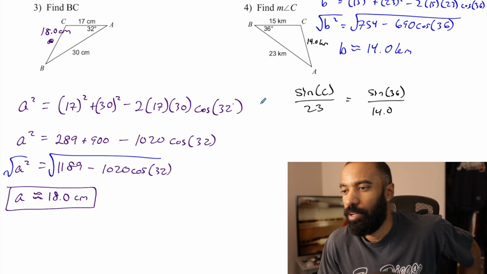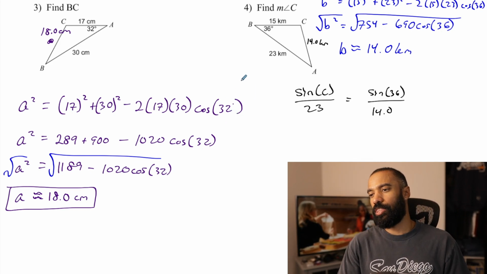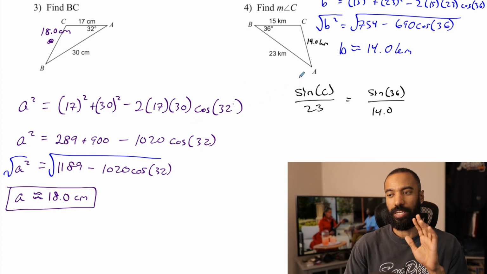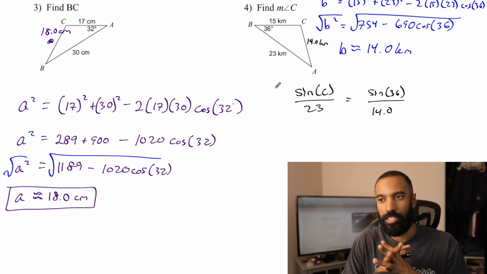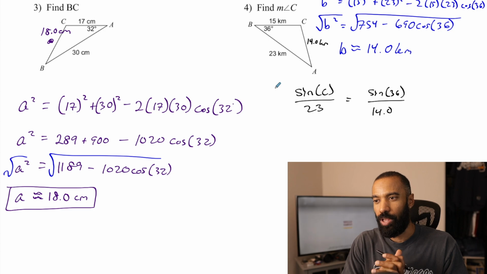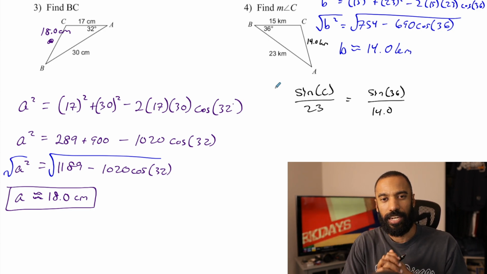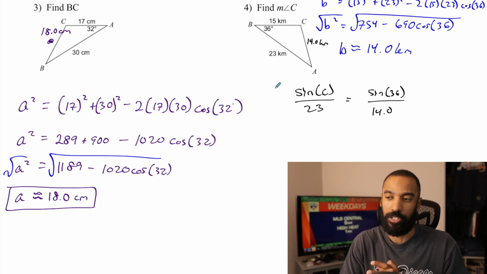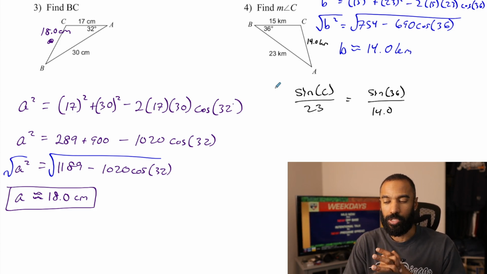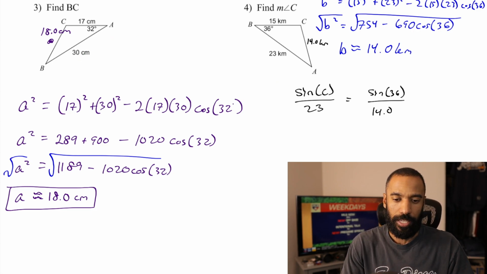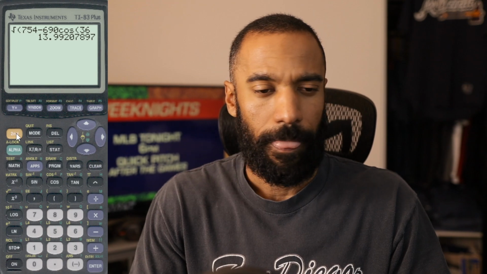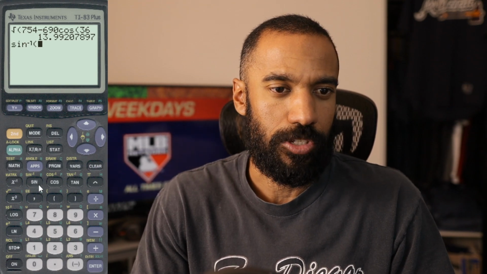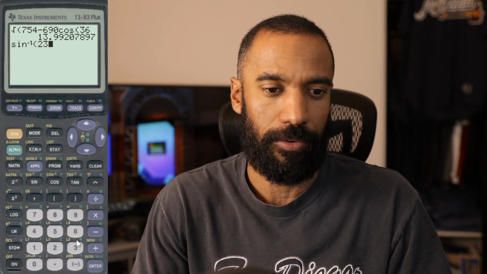This is one version of what you could do. Generally I like to use law of sines after I use law of cosines to find something. The reason is that inverse sine cannot give us obtuse angle measures. If I multiply both sides by 23 and take the inverse sine, I'm going to get the inverse sine of, I guess I am solving this way, but I want to caution you about right here.